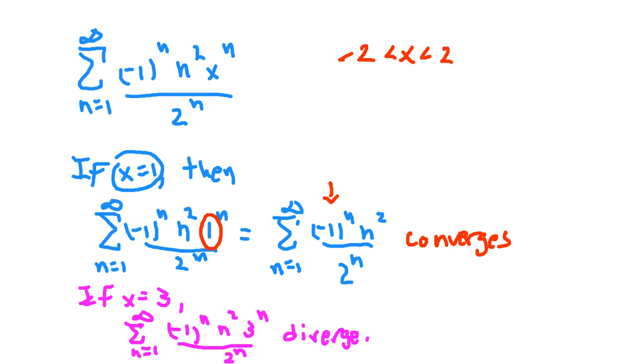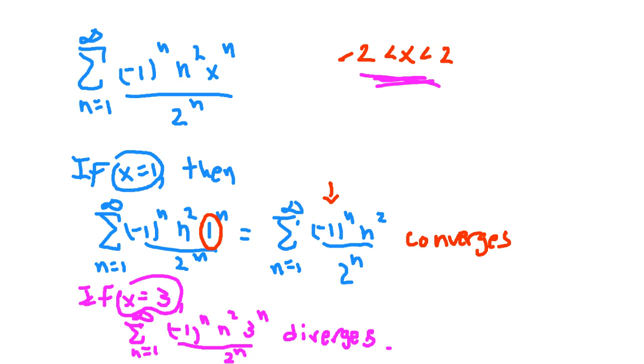Well, I want to be a little careful here. So far, based on the information, and in fact, it's going to be the case, 3 falls outside these allowable x values. So I'm just trying to make this a little more concrete for you. When x equals 3, the power series diverges.